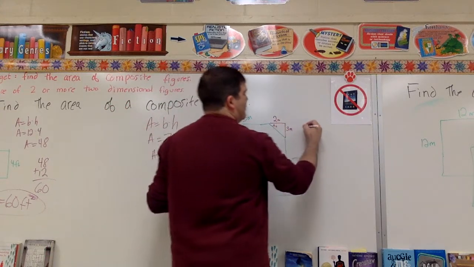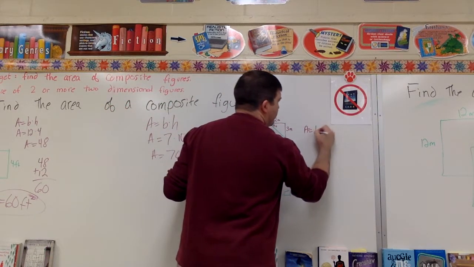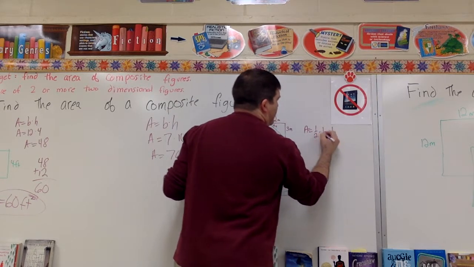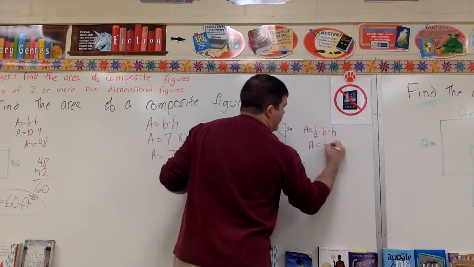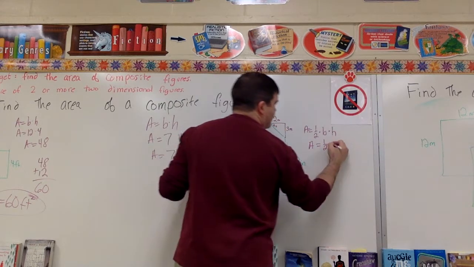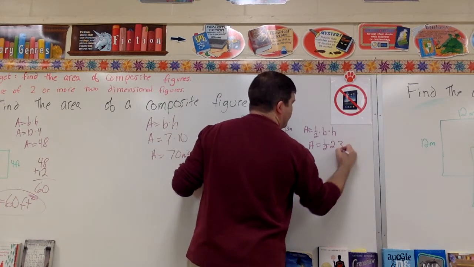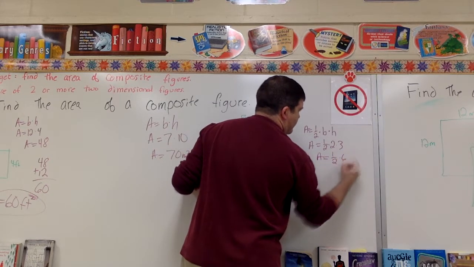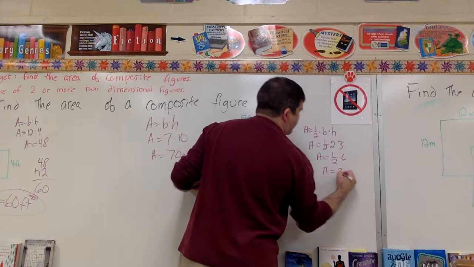So now I have this area of a triangle. Area equals 1/2 times base times height. Okay. Area equals 1/2 times my base of 2 times my height of 3. Area equals 1/2 times 6. Area equals 3.